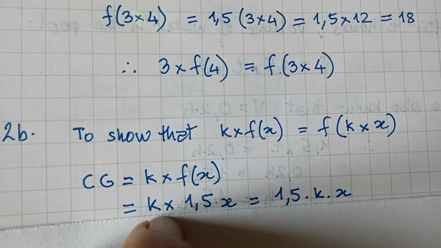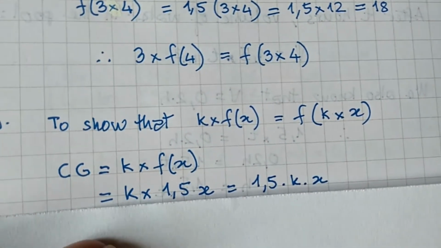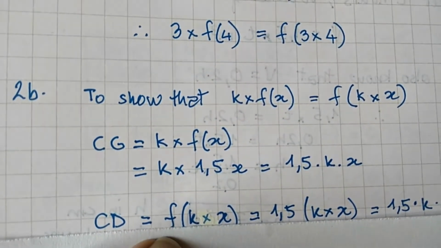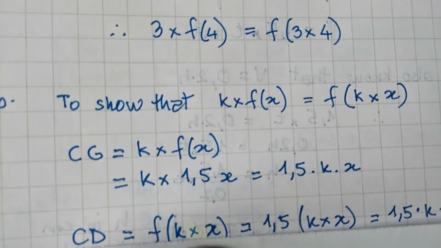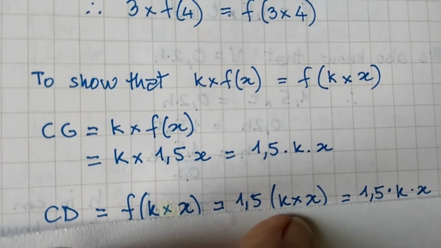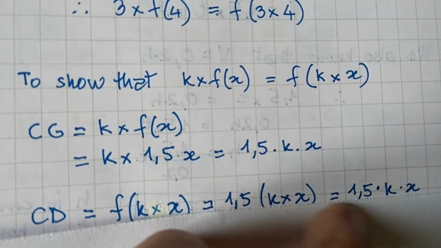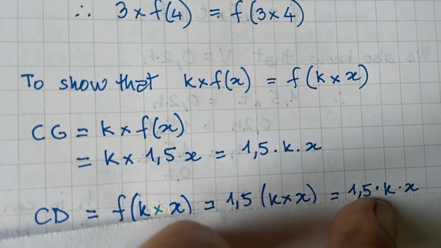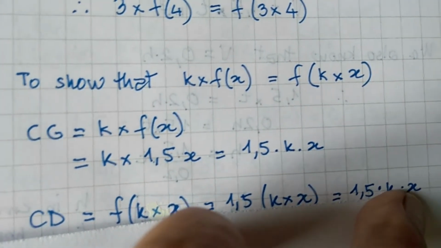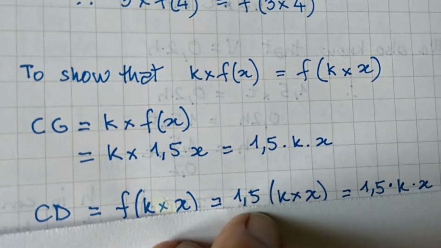I just put 1.5 to the front. Okay. Côté droite is k fois fonction f de k fois x est égal à 1,5 fois k fois x. K fois x fois 1,5.